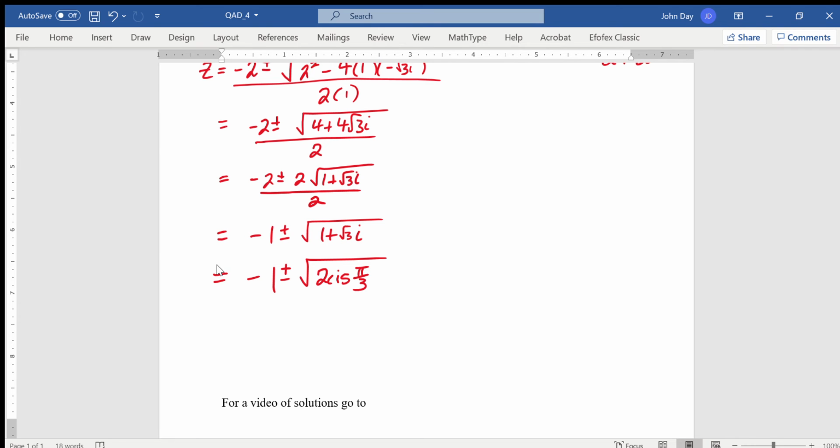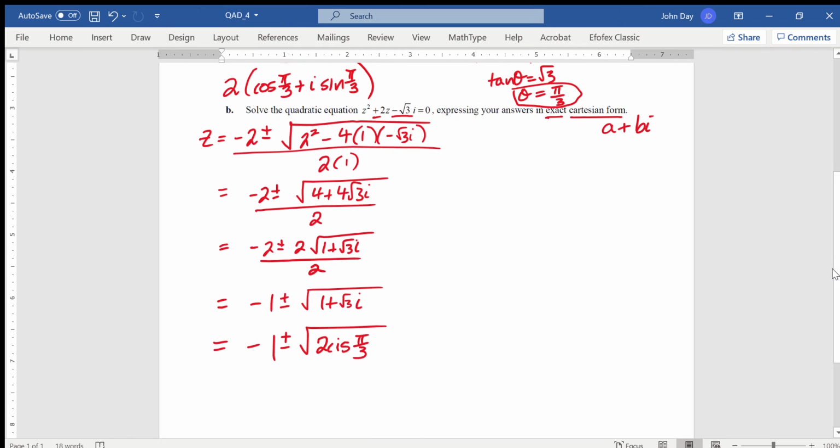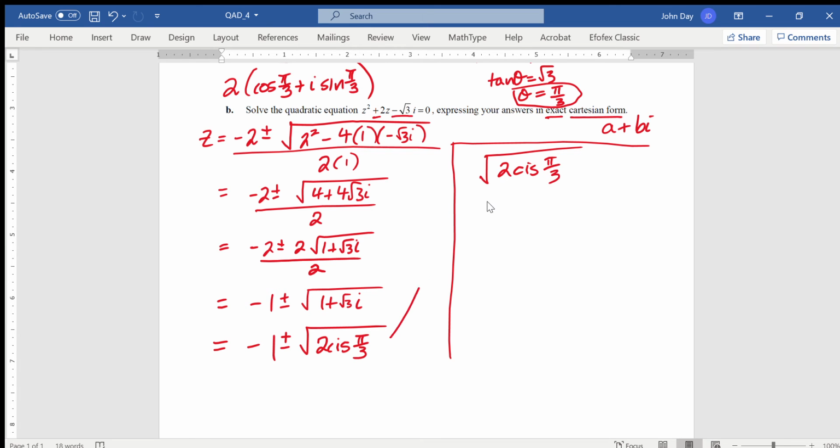All right, I'm just going to go up here and work out what is the square root of 2 cis pi on 3. So I'll arrow that so anyone looking at my work can see that's what I'm doing. That's the same as 2 times (cos pi on 3 plus i sin pi on 3), and all of that is raised to the power of a half.